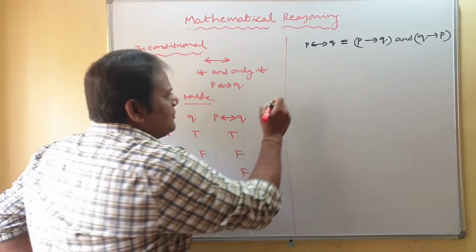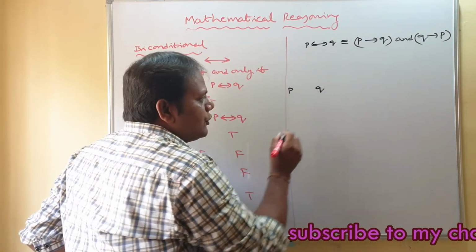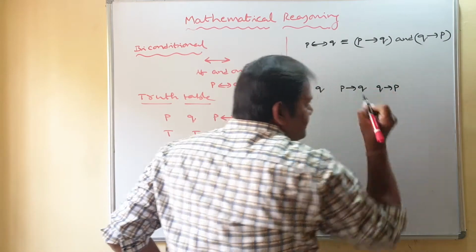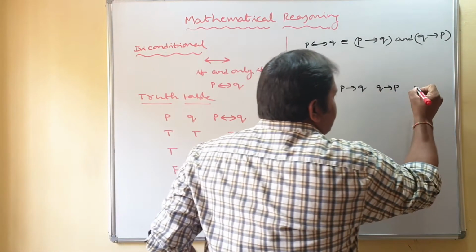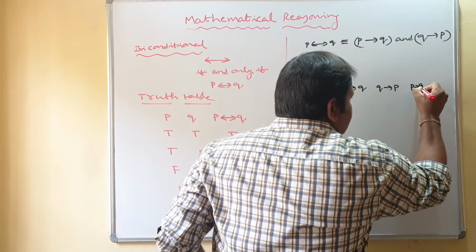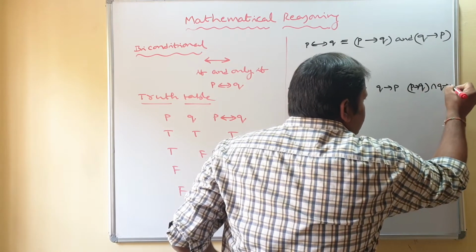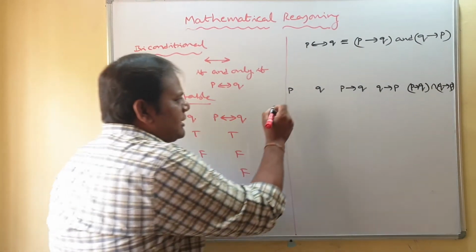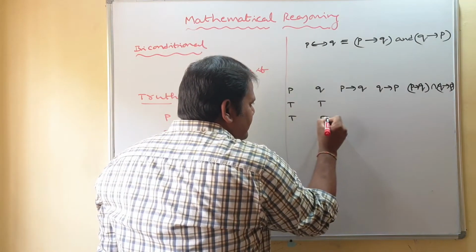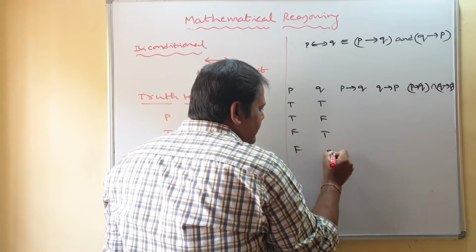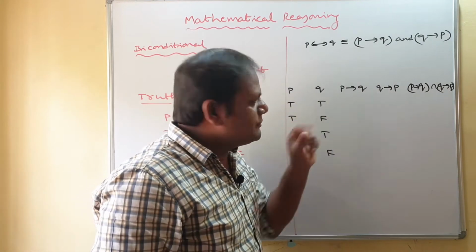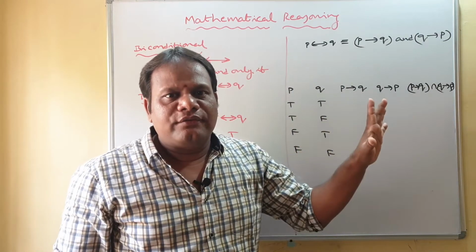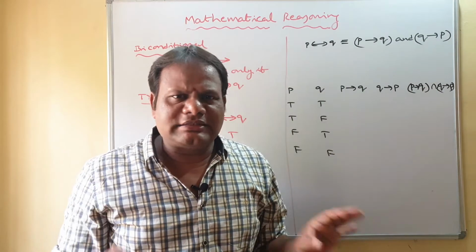See now, suppose I am taking P, Q, P then Q and Q then P. Suppose I am taking all the cases: TT, TF, FT, FF. See, for implication we already remember TF is F, and remaining all the cases are true only.